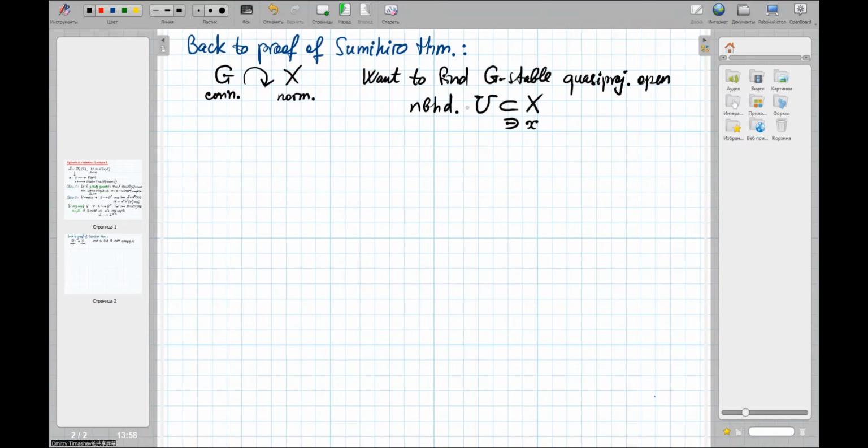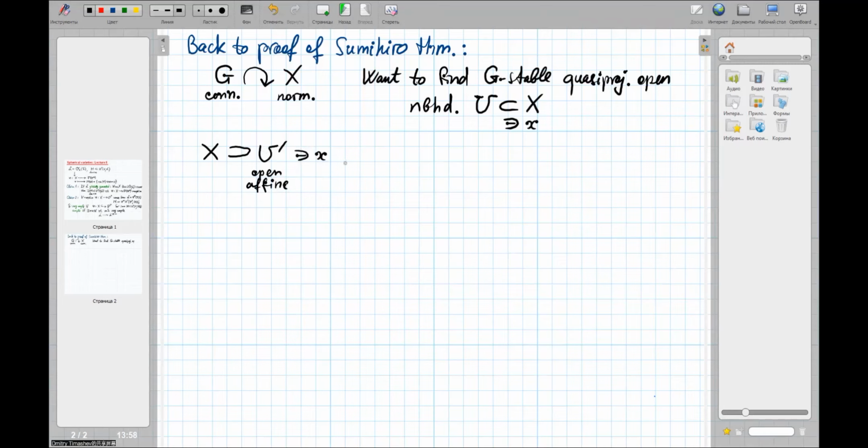So what we have done so far, we have taken an affine neighborhood, U prime, an open affine subvariety in X, containing the given point x. But we do not assume, of course, that it is G-stable.